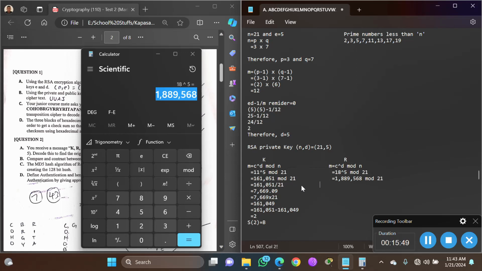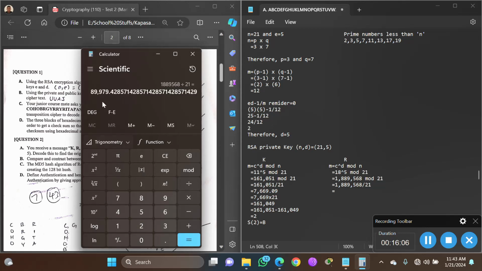This can mean divide by 21, but we are only interested in the remainder. So dividing this answer by 21, we get up to 2 decimal places, which is our interest. So I get .42.